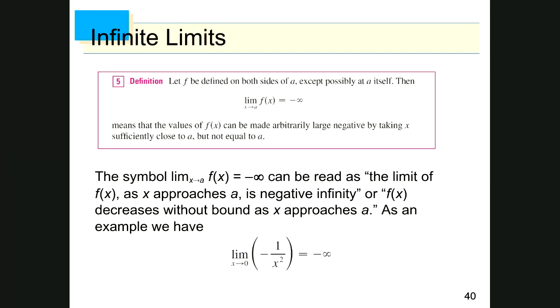All right, let's look at an example. The limit as x tends to 0 of minus 1 over x squared. Remember, as x approaches 0, this function is getting very, very big. If you check the textbook, there is a table that explains why it gets big. You can already think about it. If I choose a number close to 0, let's say from the right, for example, 0.00001.